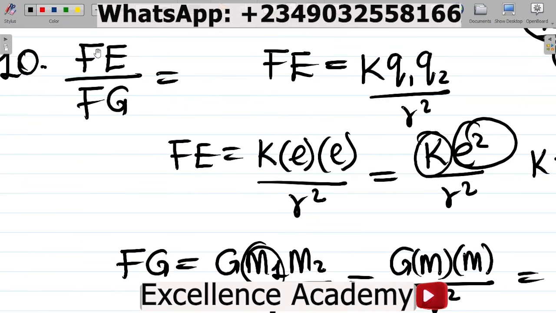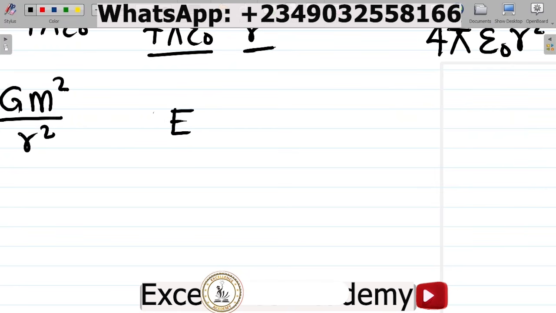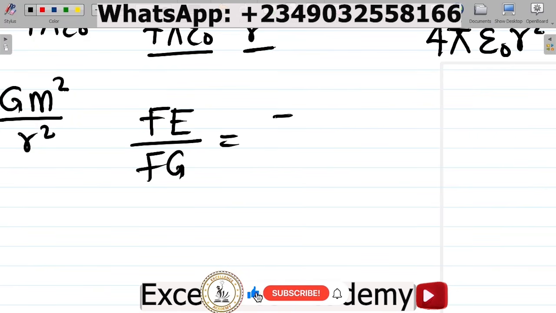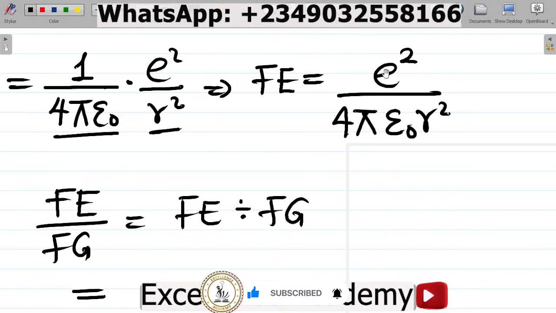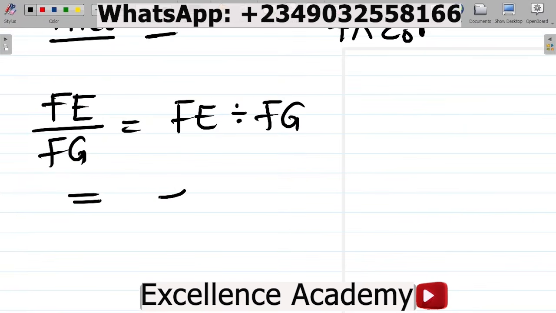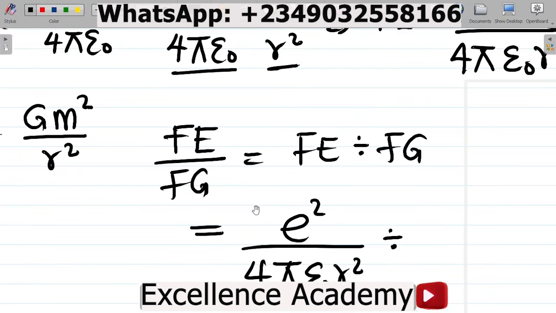They said ratio of Fe to Fg. That simply means Fe over Fg, which is the same as saying Fe divided by Fg. So let's divide this. For Fe, we have E squared all over 4 pi E naught R squared, divided by Fg.